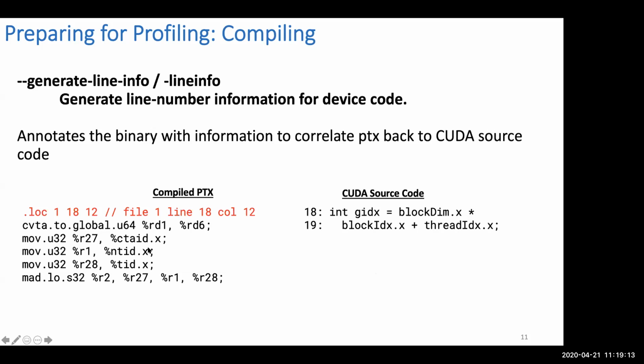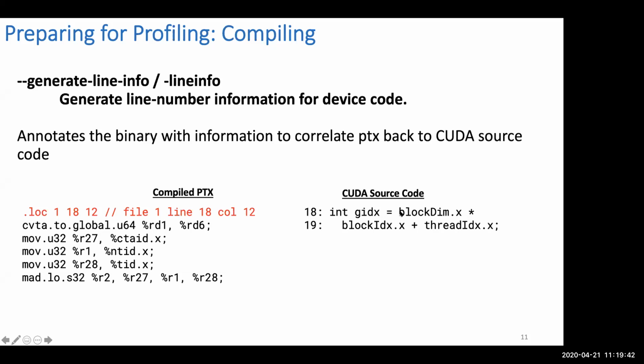On the left, if you've never seen PTX before, that's fine. But you can see the middle three instructions are moving the special CTA ID register, NTID register, and TID register into registers 27, 1, and 28. Those are the middle three lines. But this thing I've highlighted in red is a fake PTX instruction that gets inserted that says this block of code was generated from file 1, line 18, column 12.